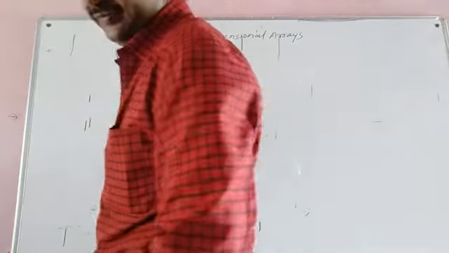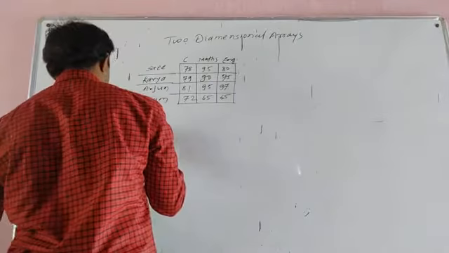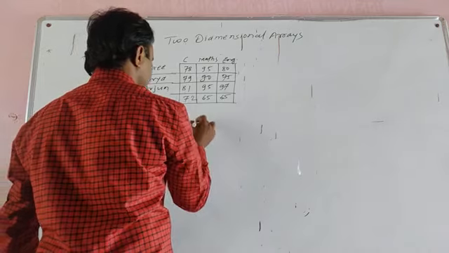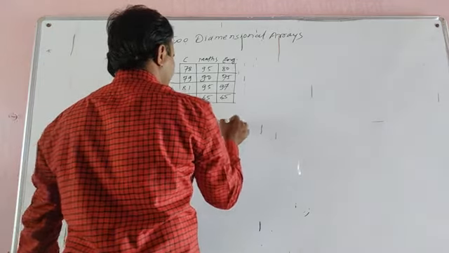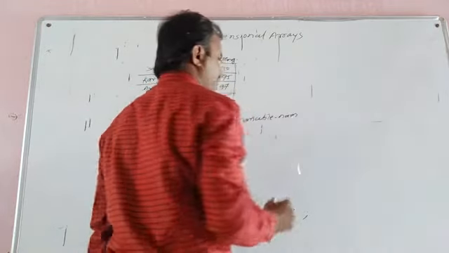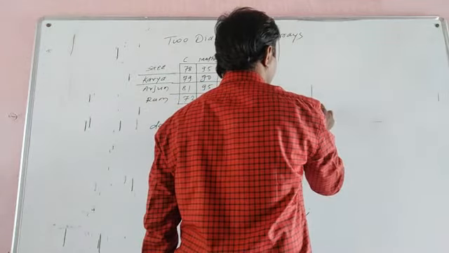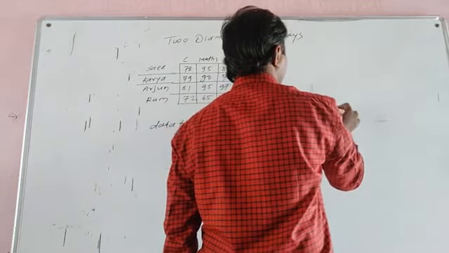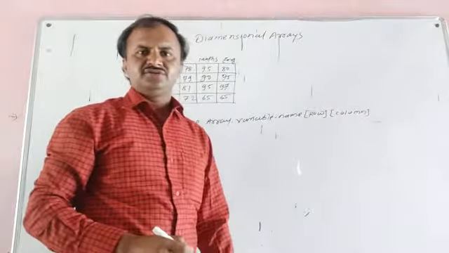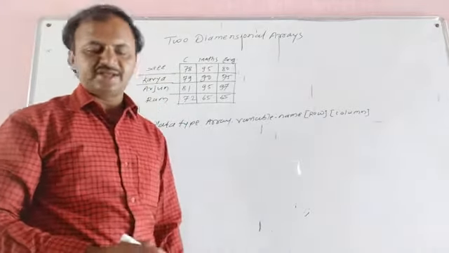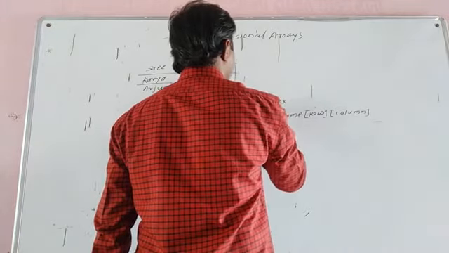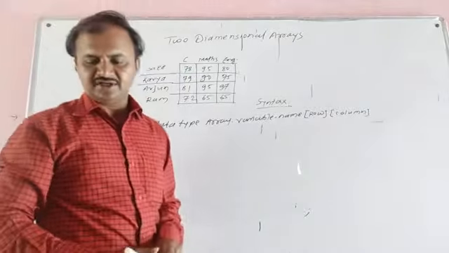Syntax: firstly, data type, array variable name, row, and second one is column. Okay, so this is the two-dimensional array syntax. Okay, this one is called syntax, and its example is there.